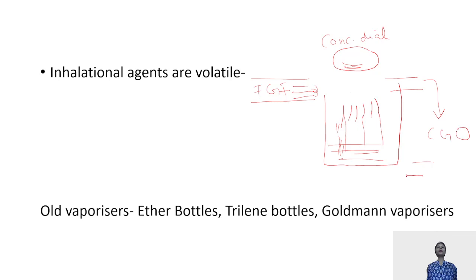This is the basic principle on which your vaporizers are based: liquids changing into vapors, giving certain vapor pressure, losing the latent heat of vaporization, made up of copper. The fresh gas flow is going to go, the vapors are going to mix with the fresh gas flow, and eventually it is going to get delivered to your common gas outlets.